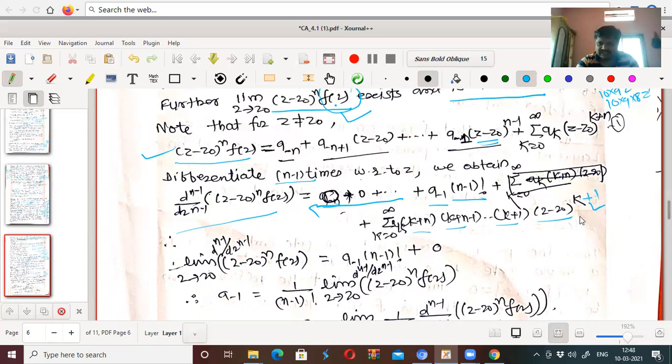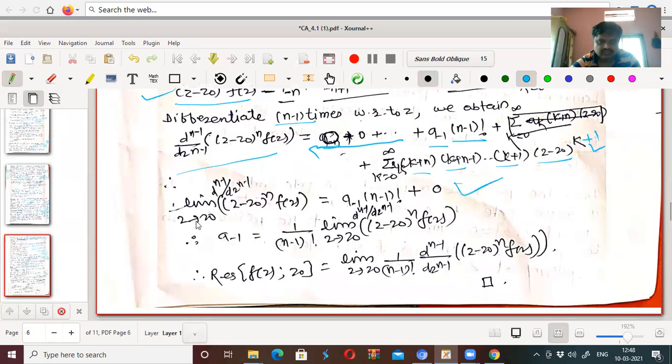By putting z equal to z0, every term vanishes. So this is also equal to 0. And therefore, the limit as z tends to z0 of the (n minus 1)th derivative with respect to z of (z minus z0) to the power n f of z becomes a minus 1 into (n minus 1) factorial.